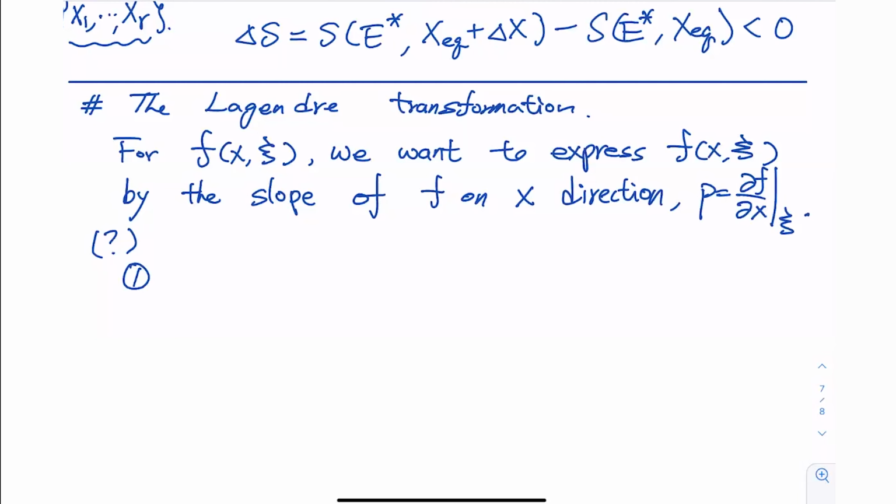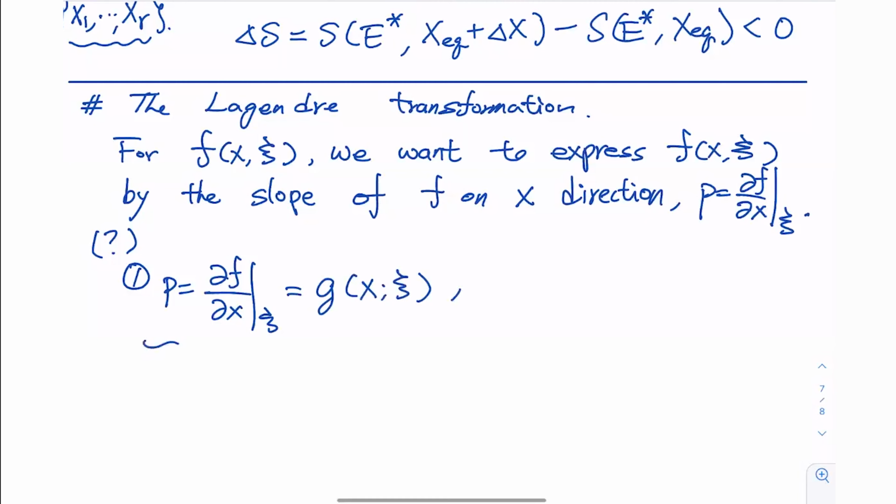Suppose we define p to be this quantity, which is partial f partial x at a fixed c. Eventually we'll just do some derivatives and keep c as it is. Then we'll have some function g, which is a function of x with parameter c.